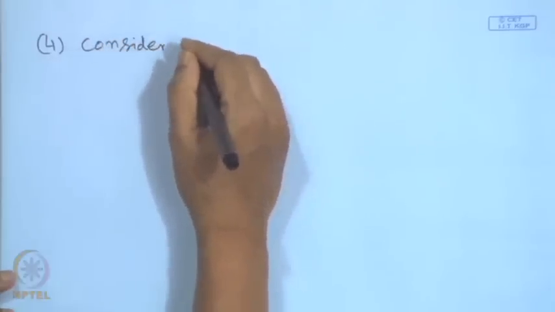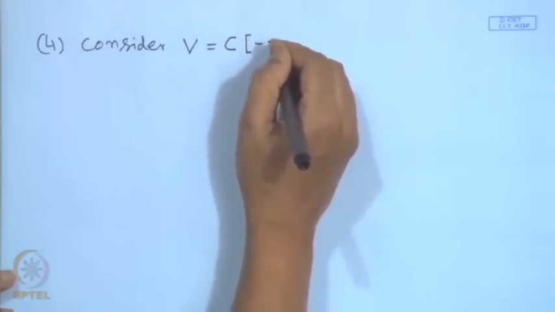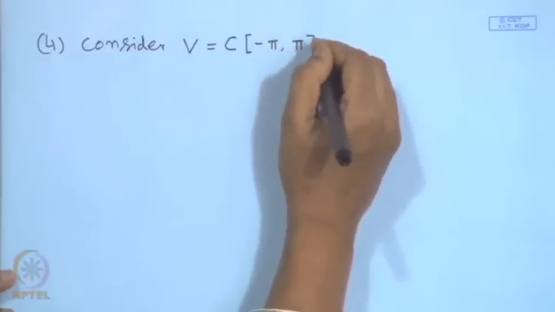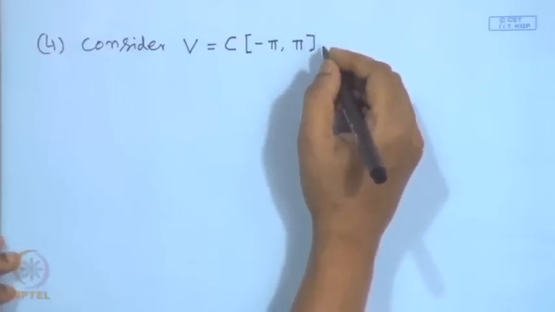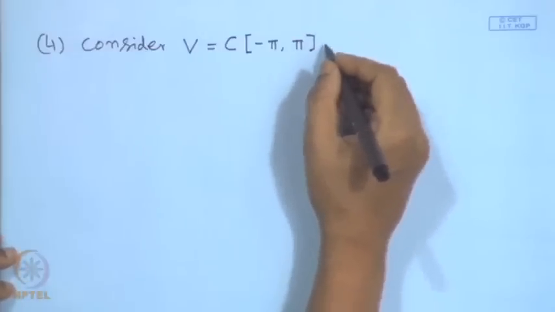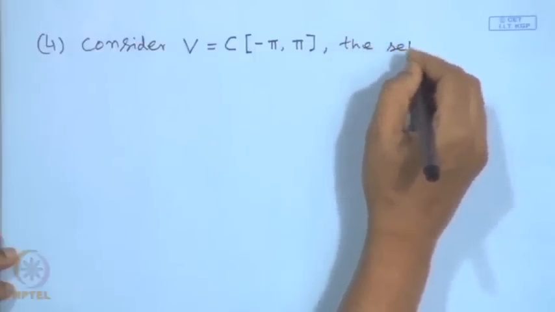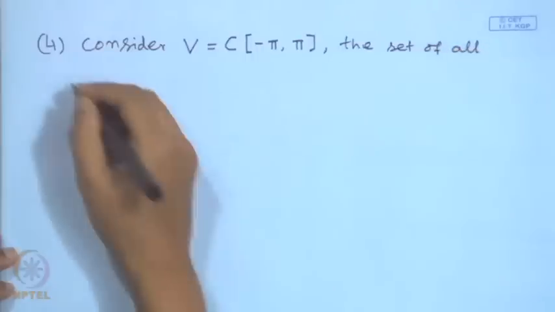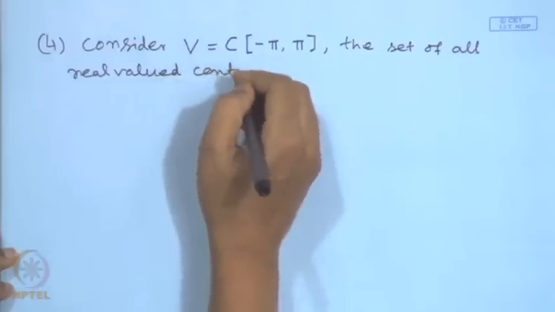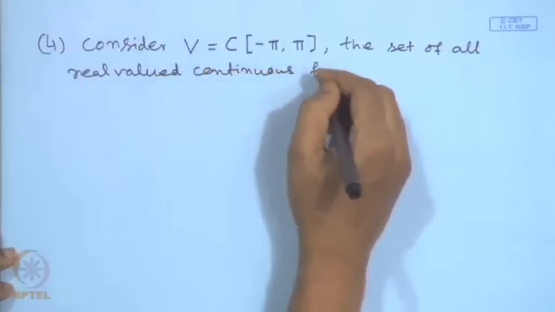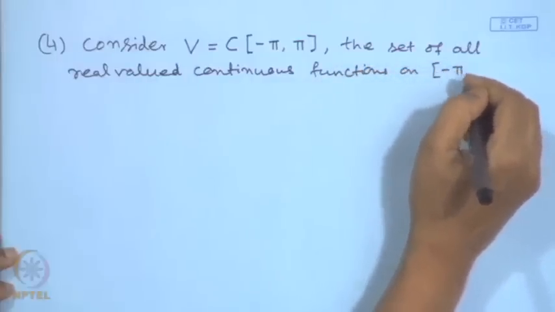Let V be the inner product space consisting of the set of all real valued continuous functions on the interval -pi to pi.